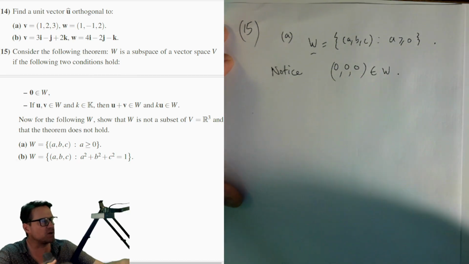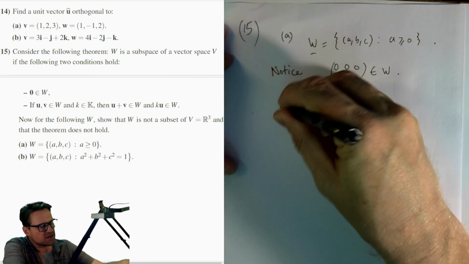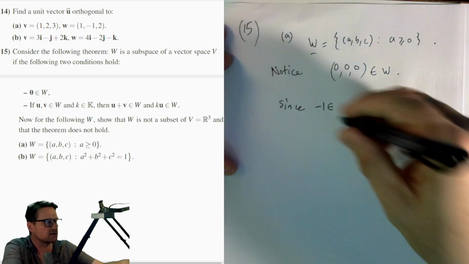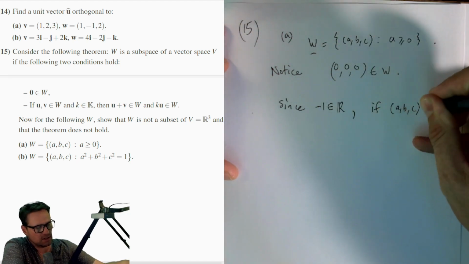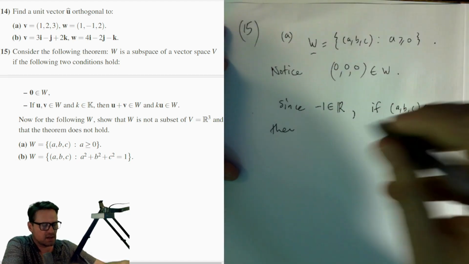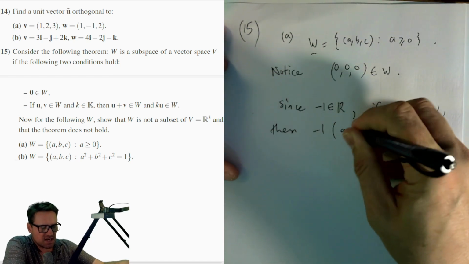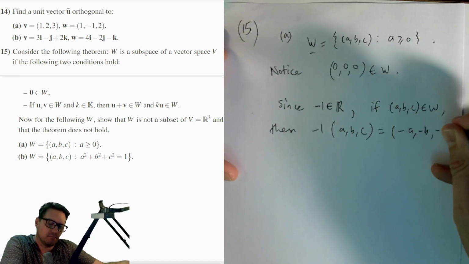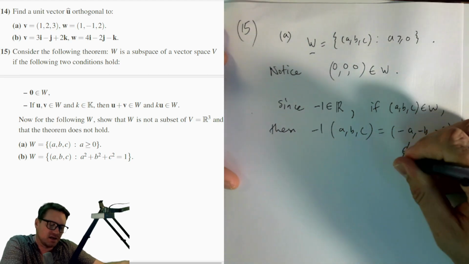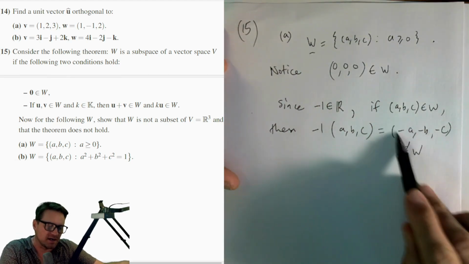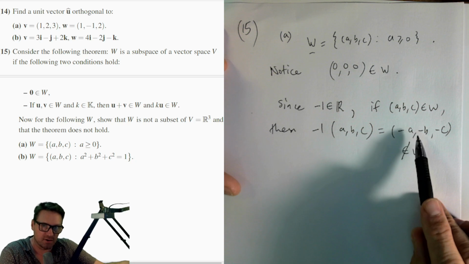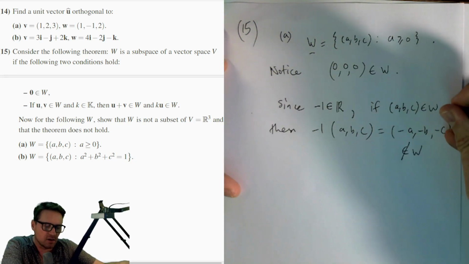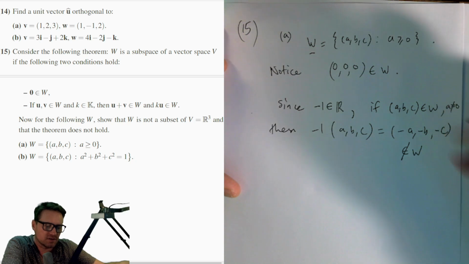However, for the second part, notice that since minus 1 is in the field of scalars, if ABC is in W, then minus 1 times ABC is (minus A, minus B, minus C). This is not in W because minus A is not greater or equal to 0 unless A is equal to 0. So let's add the clause for A not equal to 0.